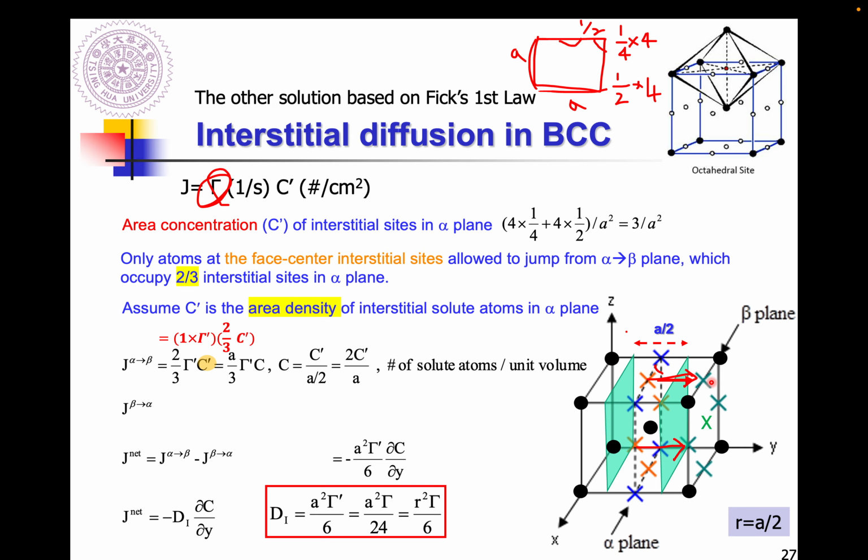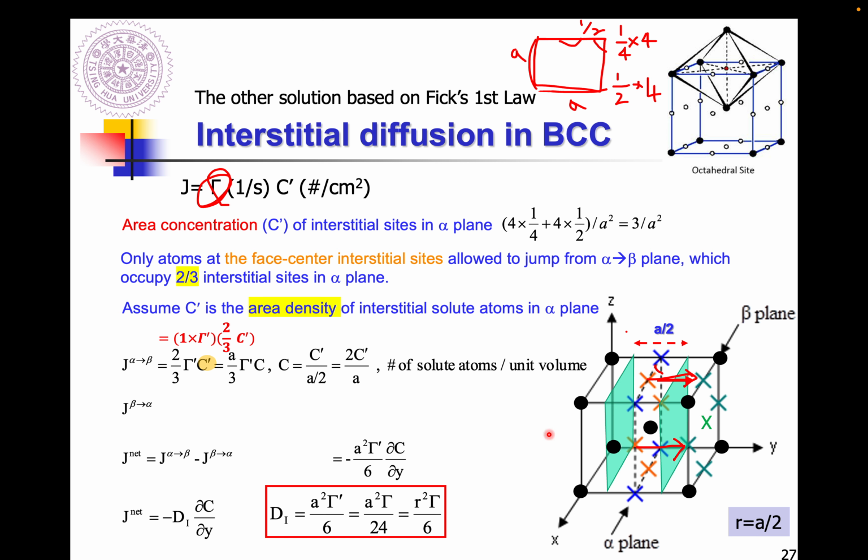So also 2 out of 3 can make a successful jump to the alpha plane, and also just one direction. So if you really calculate the flux jumping from beta back to alpha, you will get the same value as this one. But it's weird, right? Because if this minus this one equals 0, then the net flux equals 0.